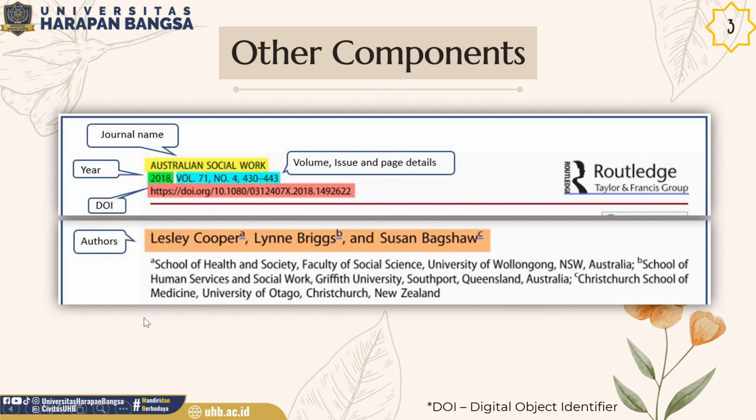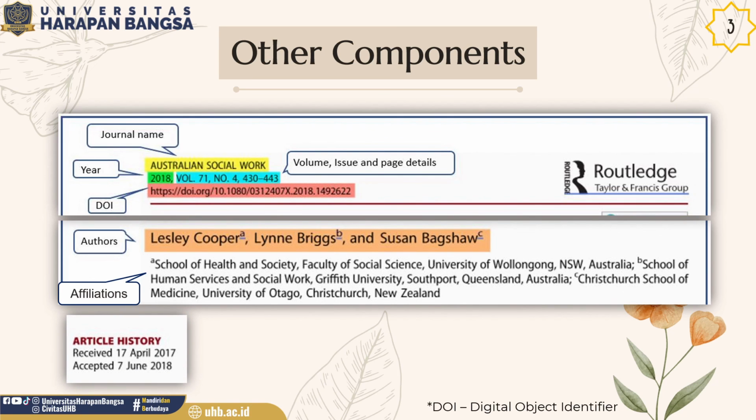And we have authors and also affiliations. Affiliations mean that they're connected to the organizations, companies, or institutions. And we have article history. It tells when the article was received and accepted.